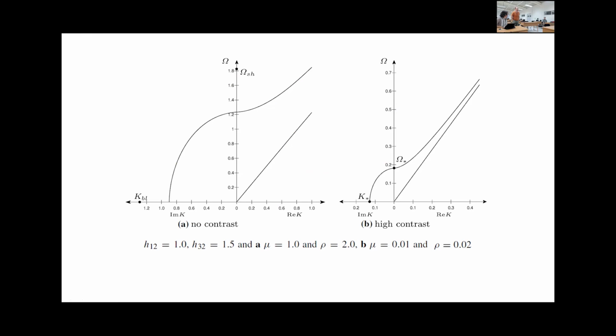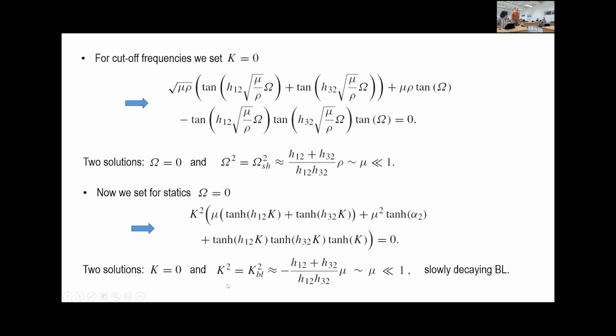On the previous slide, you have k squared approximately equal to this quantity, which can be negative or positive. Because k squared is negative, it means that k is imaginary, and imaginary k is associated with the decaying solution. So it would not be propagating as e to the ikx, but decaying. This is why it is a boundary layer.